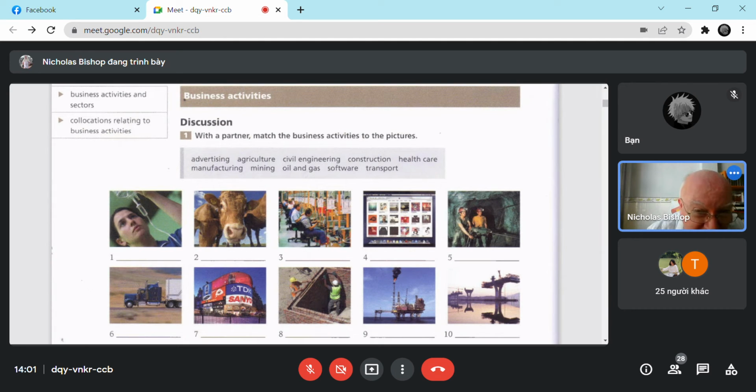Okay, number 5. What do you think number 5 is? I think number five is mining. Mining. Yeah. And what kind of thing do you think they are mining? Well, I think they are wearing clothes like miners. Oh, they're wearing clothes like miners.